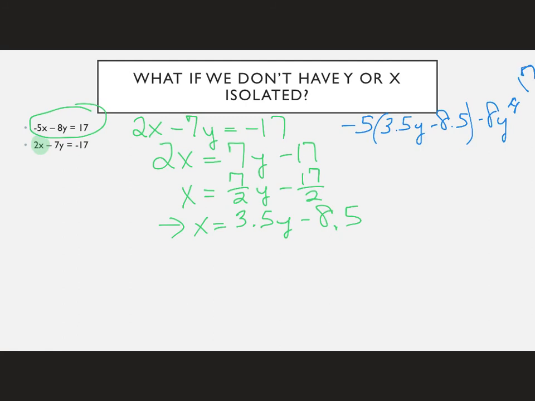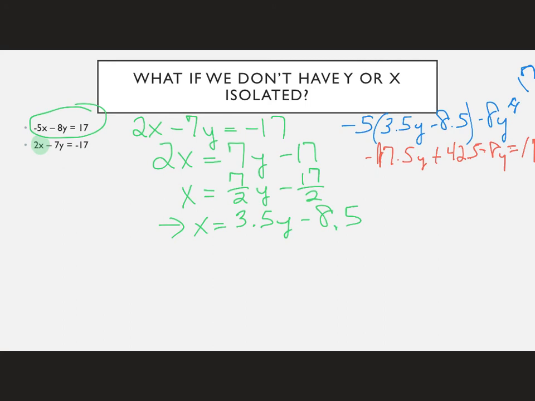So, when I do my distributive property, I'm going to end up with negative 15 plus 17.5y plus 42.5 minus 8y, and that equals, again, 17.